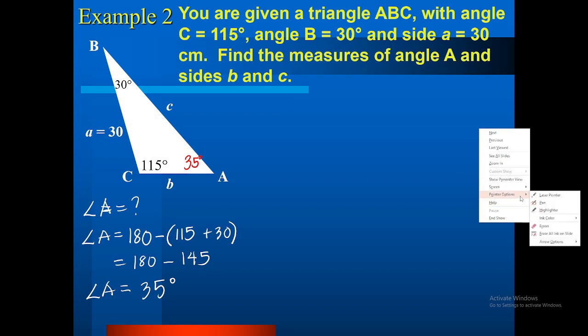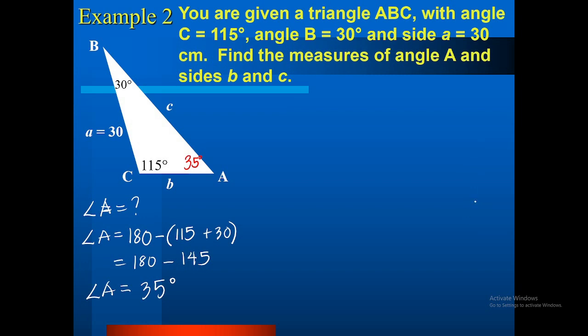Next is side B. If I'll be solving for side B, so meaning I'll be using the ratio B over sine B. What is this equal to? Which will I use, class? Is it A over sine A or is it C over sine C?